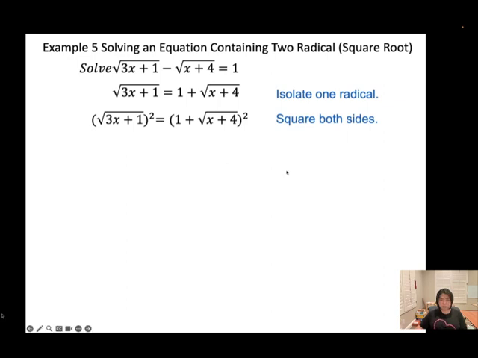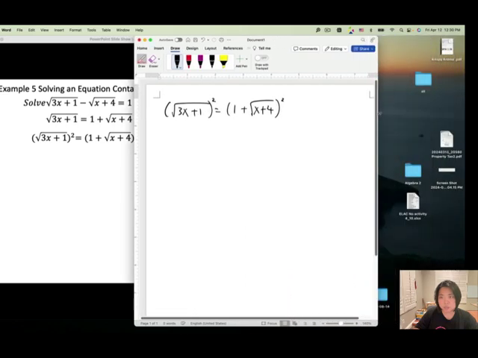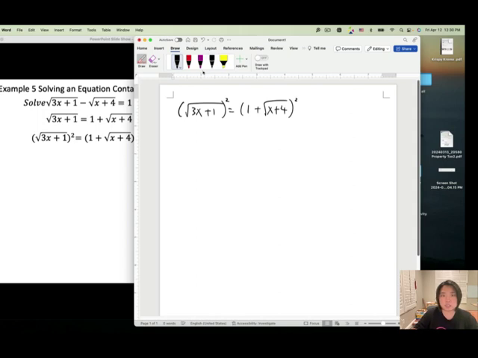Okay, let's do this one together. Okay, we have this guy, 3x plus 1 squared equal to 1 plus square root x plus 4, squared. Okay, right? So this one is pretty good. You could simplify it. Get out the square root with the square.